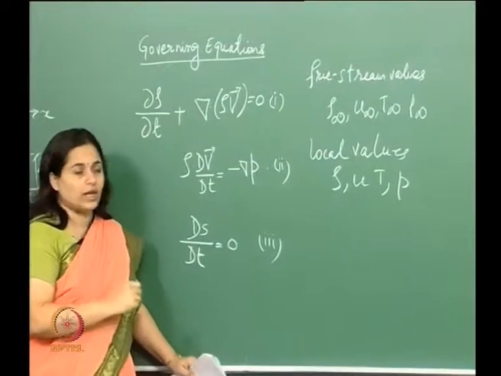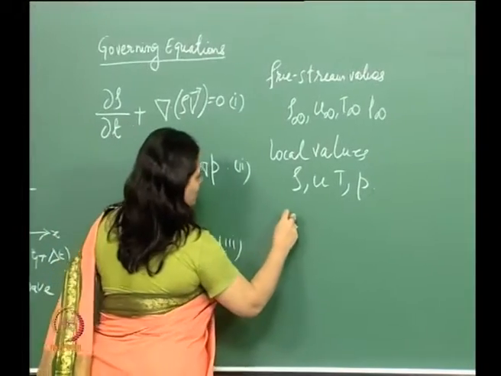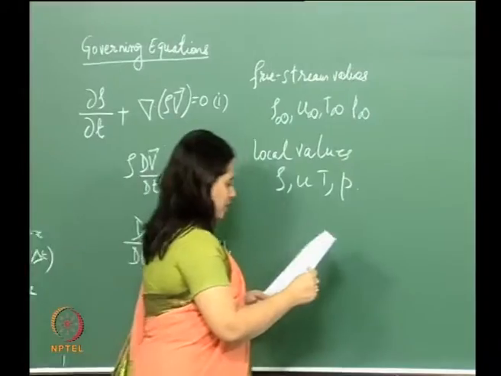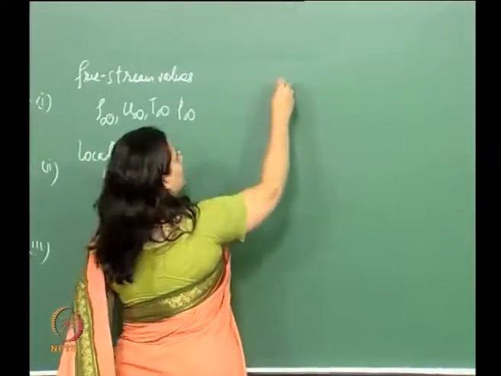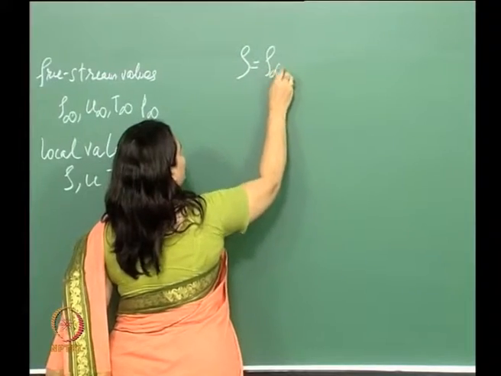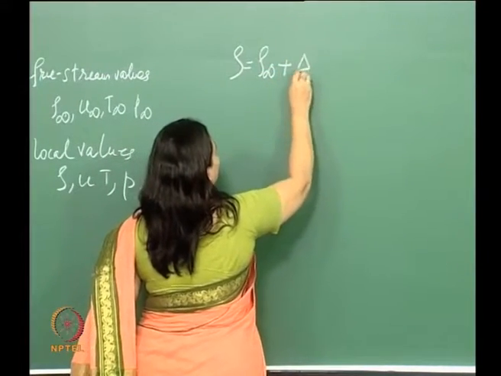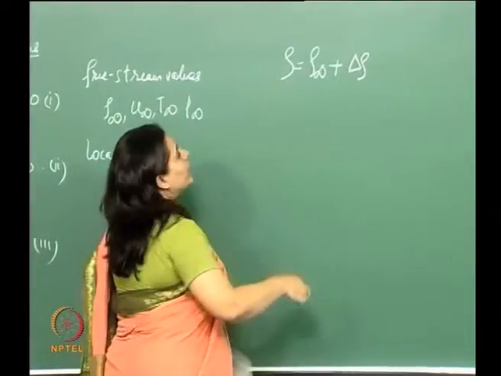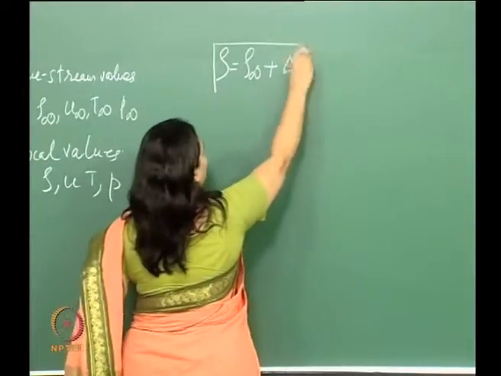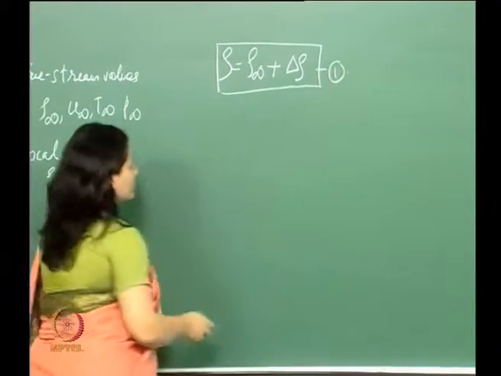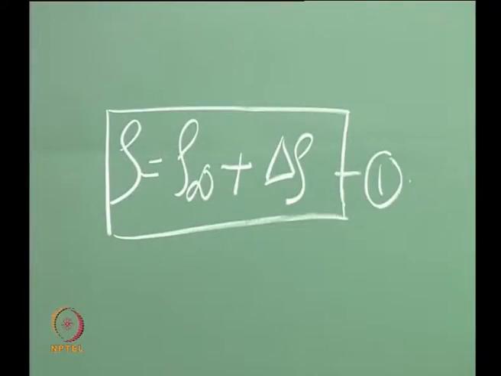So, if I had to do that, let me write this here. In that particular case, my local density would be equal to the ambient plus the disturbance, right. This would be it, and let us call that equation 1.